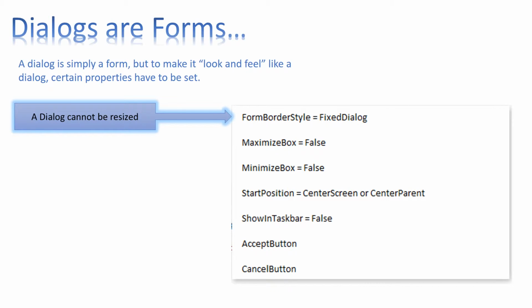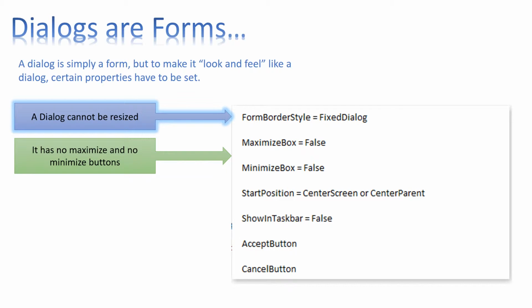The form border style has to be set to fixed dialog because dialogs cannot be resized. Again, it's a property that you have to set to make it have a feel and look consistent with other dialogs. A dialog has no maximize box and no minimize button, so setting both of these properties to false is necessary as well.